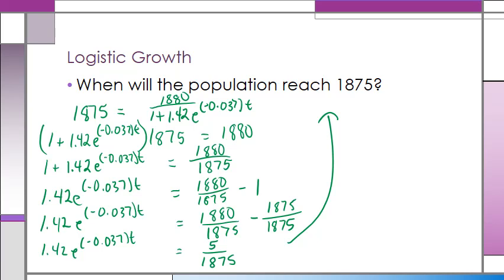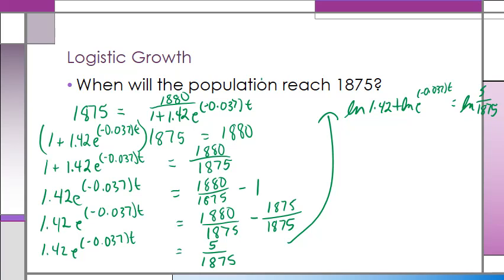All right, I'm going to use the product property, and I'm going to take the log of both sides, the natural log of both sides. So when I do, I'm going to then have ln 1.42 plus ln e to the negative 0.037t equals ln 5 over 1875.